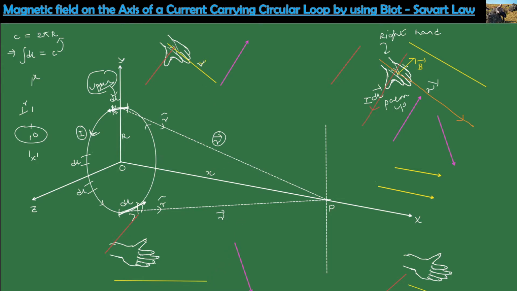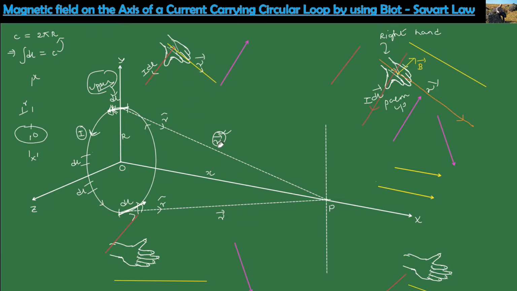The yellow line represents the direction of our outstretched fingers, the radius vector, and this red line indicates the direction of the thumb, which indicates the direction of our current element. So our current element is in this direction.